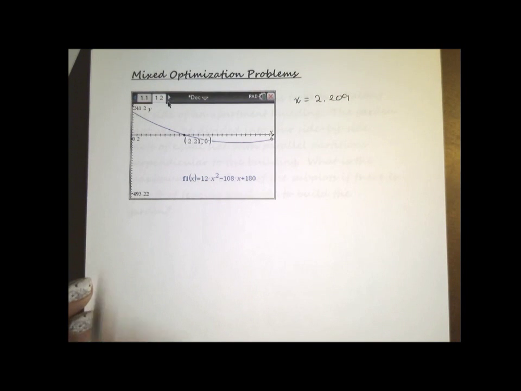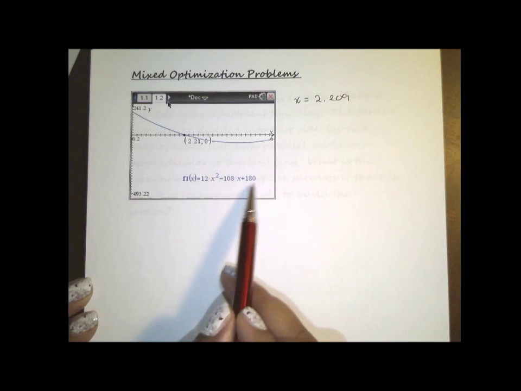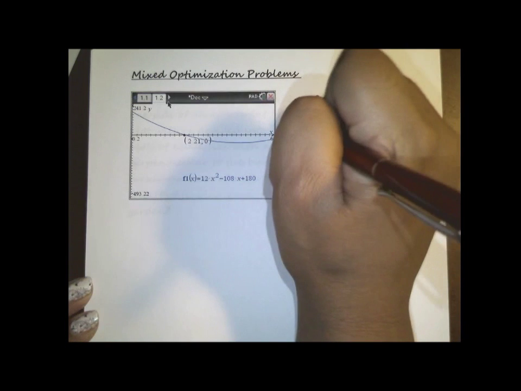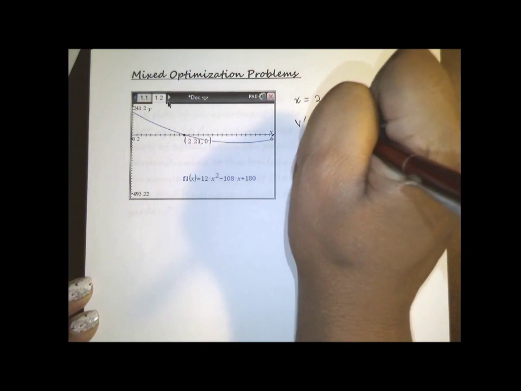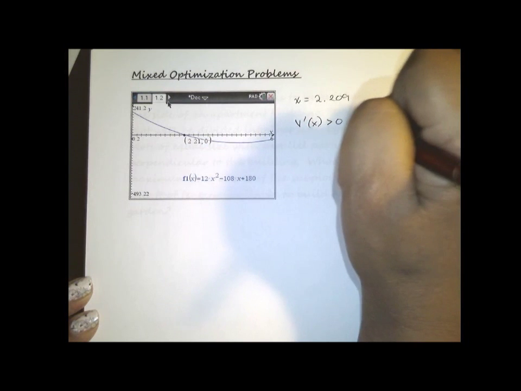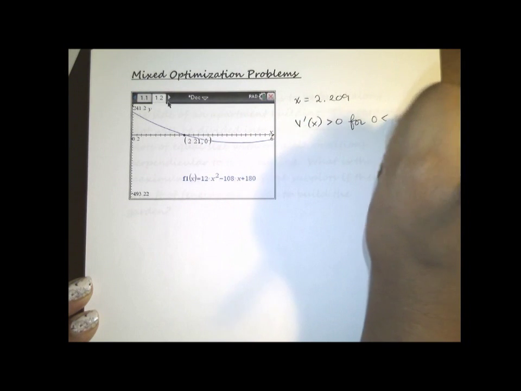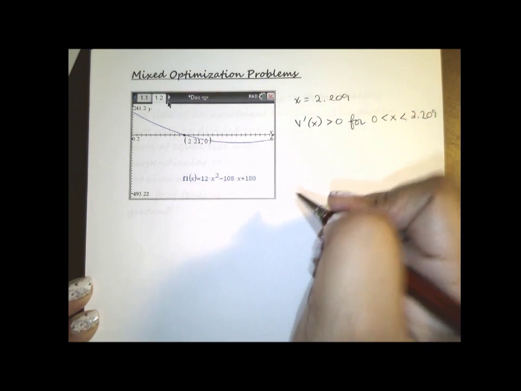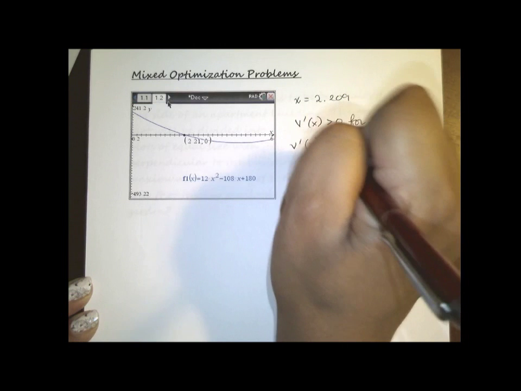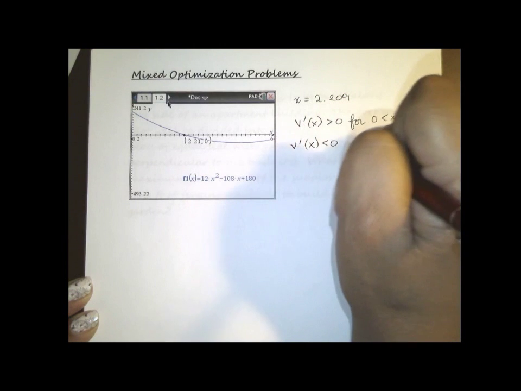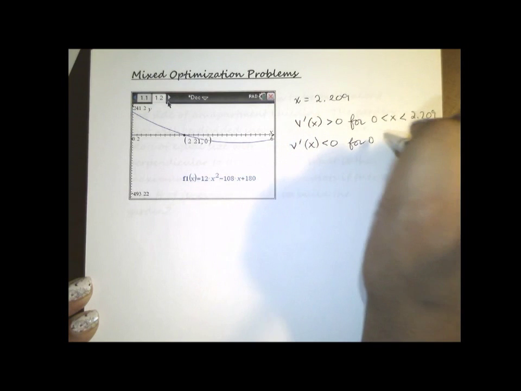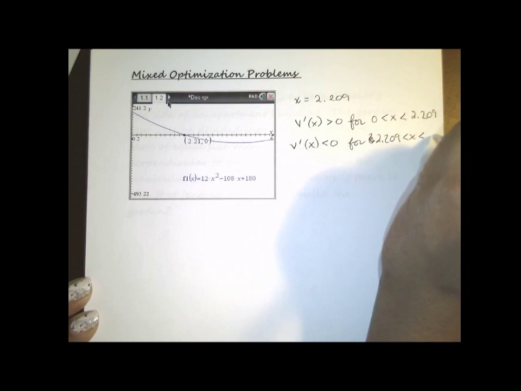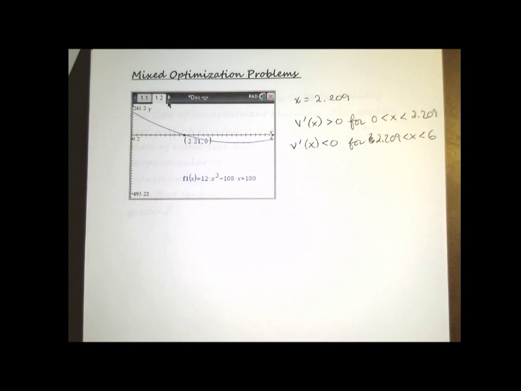Since I'm looking at the graph of the derivative function, I'm going to use this graph to determine my sign change. V prime of x is positive, because the graph's above the x-axis, for x from 0 to 2.209. And v prime of x is negative, because the graph's below the x-axis, for x from 2.209 to 6.